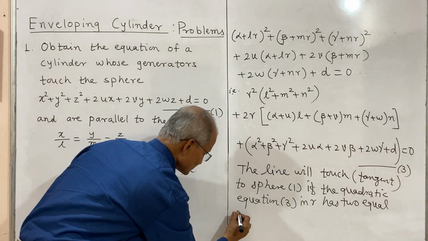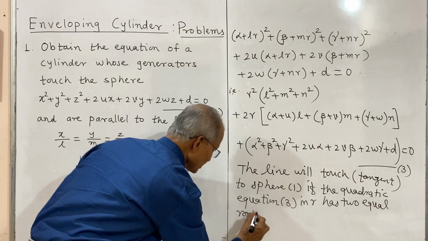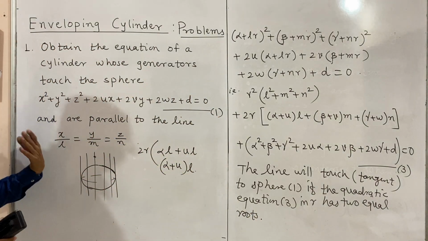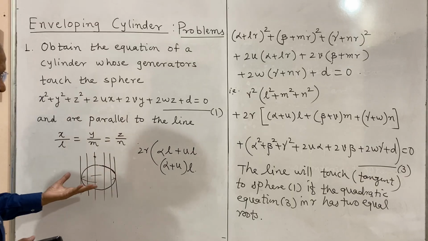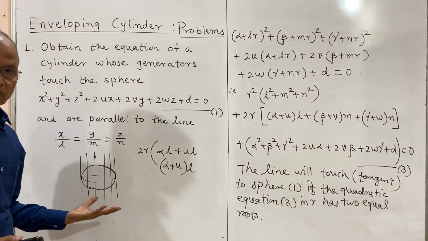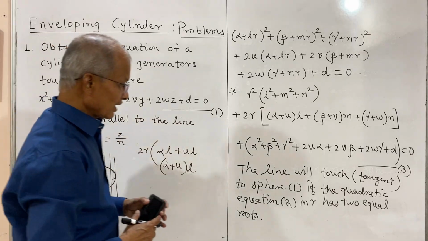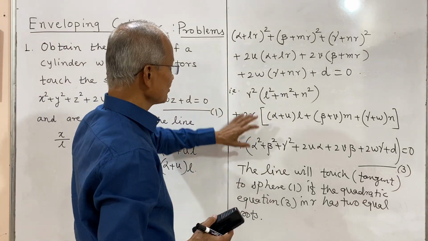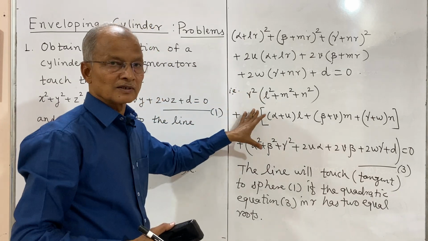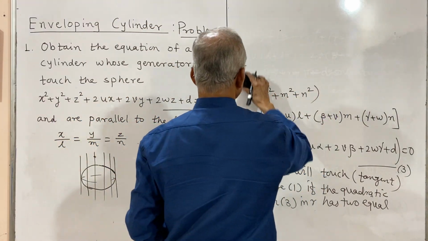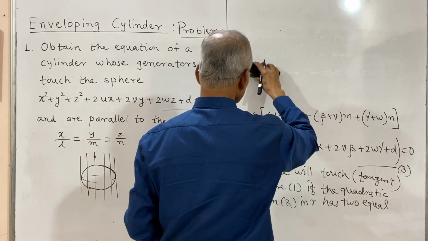In general there are 2 points of intersection, and for a tangent line the point of intersection is one and only one, then the line will touch the sphere. And what is the condition for 2 equal roots of a quadratic equation? Its discriminant is 0. That is, if the discriminant of equation 3 is 0.